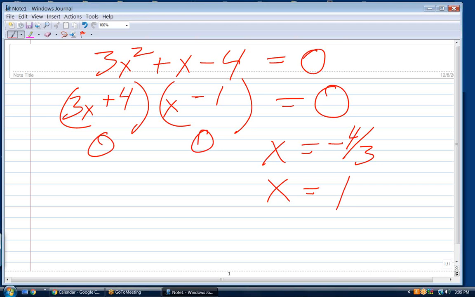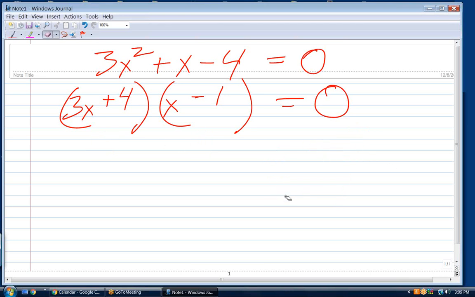Be careful with that one, because a lot of people tend to think that it's just the opposite sign of this is the answer. But if there's a coefficient in front of the x, it's not. If it's always a 1x like this, then the answer is always the opposite sign of that number.